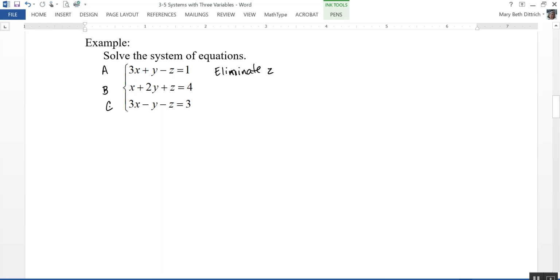I'm going to start with this: notice that if I add A and B, I'll eliminate z. So let me move this down a little bit to get more space.